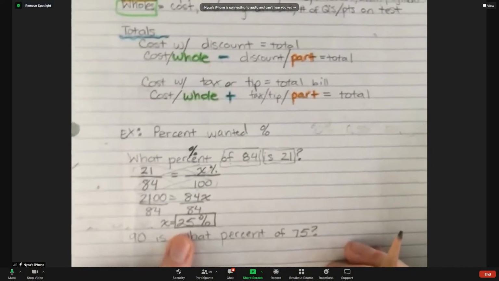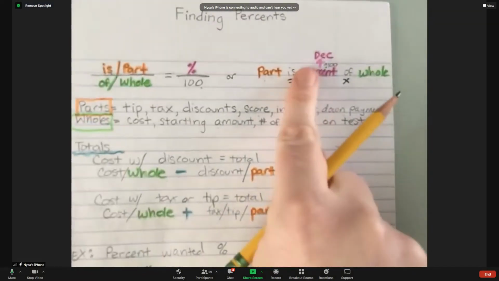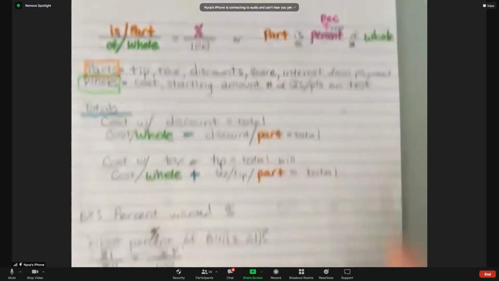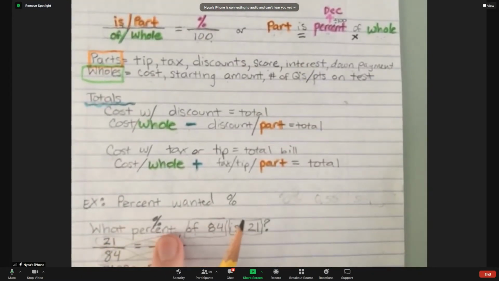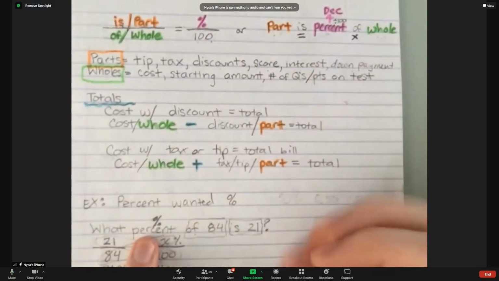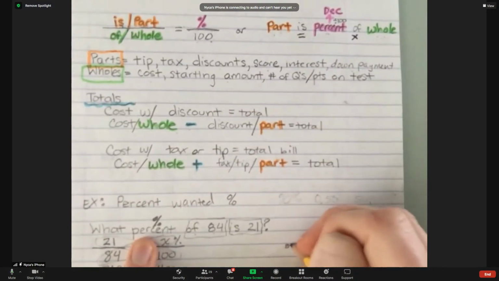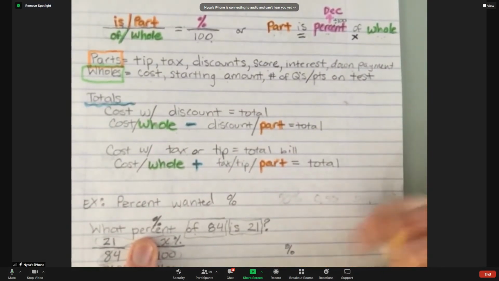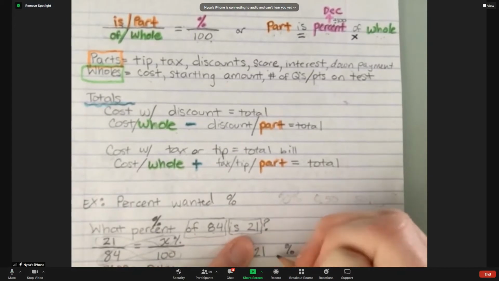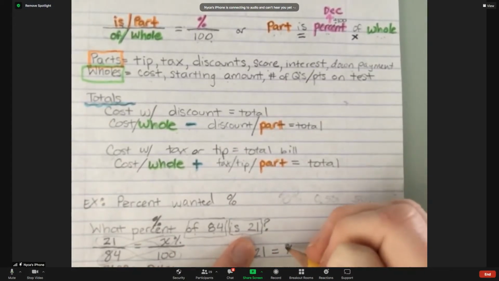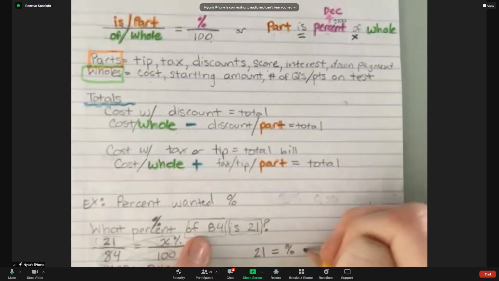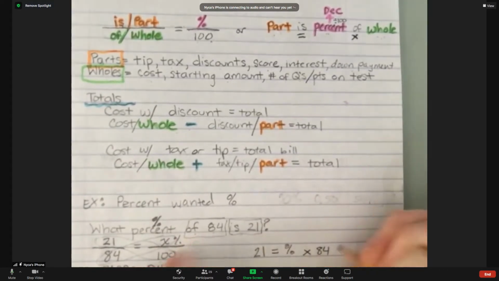If you don't like that method and you want to use this method here, all right, well, let's look at what we have. It says what percent. So we know percent is the piece that's missing. All right, 21 is, so 21 equals something percent of 84.